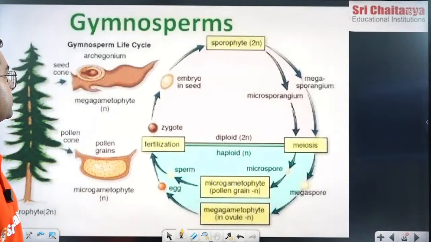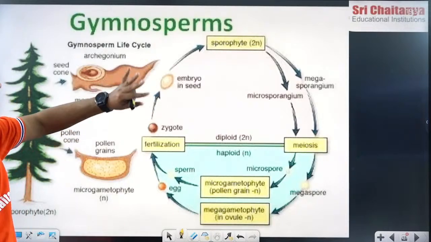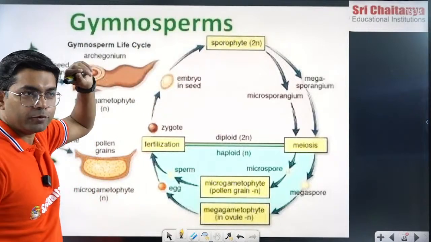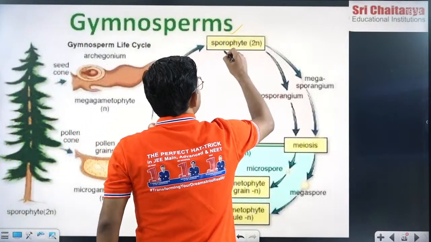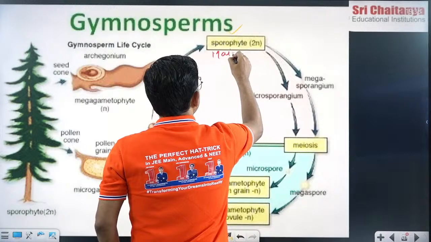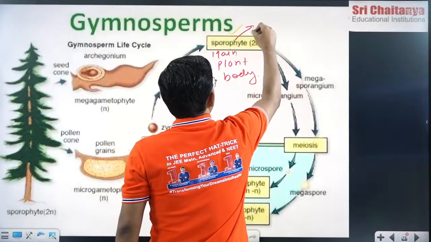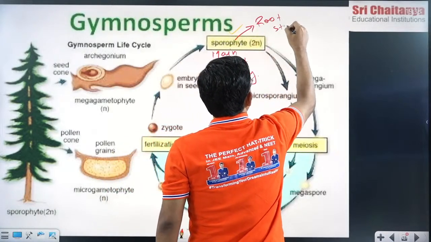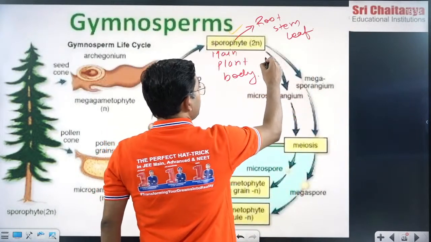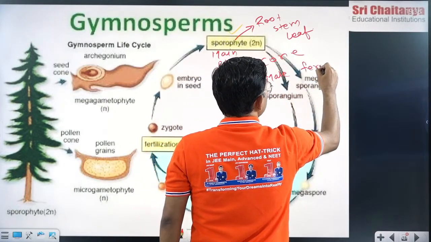Clear? Next, this is the overall diagram representing the life cycle. We have already discussed it, but we will quickly go through it because it's a diagram. Now, this is the sporophyte, which we can call the main plant body. Sporophyte will have root, stem and leaf, and it will have cones, male cone and female cone.